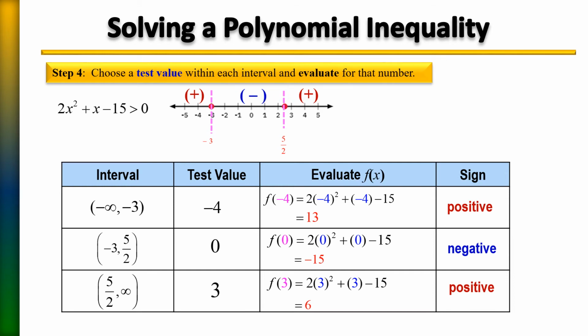But you should go ahead and plug in test values and not assume that it is always going to be that way, because there are some exceptions where that is not true. So always test a point just to be sure that you have the correct signs for each interval.